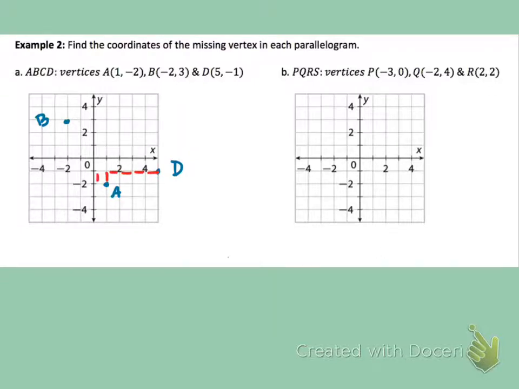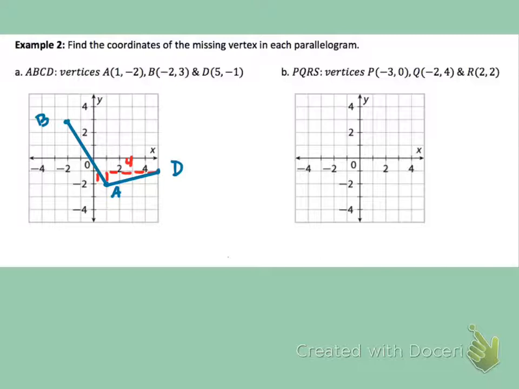So I had to go up 1 and 4 to the right to get that. So actually I'm going to draw on the rest of this parallelogram here, the sides. So this is one of the sides, this is one of the sides, and we just need to know where C is so we can draw the rest, right?